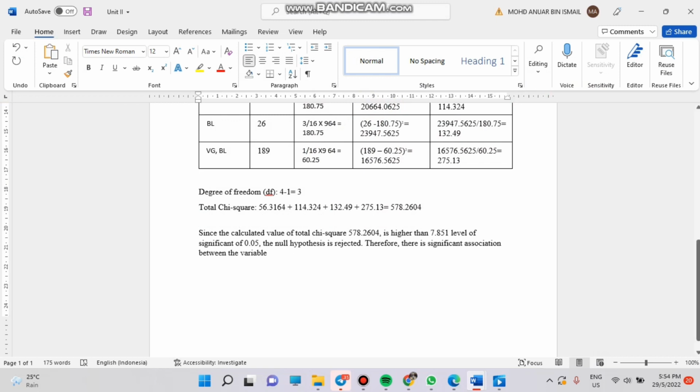Since the calculated value of the total chi-square, 578.2604, is higher than the 0.851 at the level of significance of 0.05 that we get from the table, so when the chi-square is higher, the null hypothesis is rejected. Therefore there is a significant association between the variables.